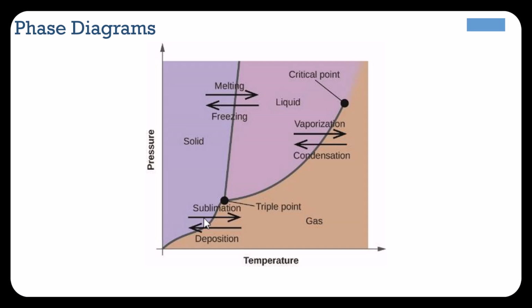We'll talk about that in just a little bit. But we've got this switch from solid to gas, and there's a line that demarks this as well. Going straight from a solid to gas is what we call sublimation. Going straight from a gas to a solid is deposition. So just pointing out that that's another phase change that exists.